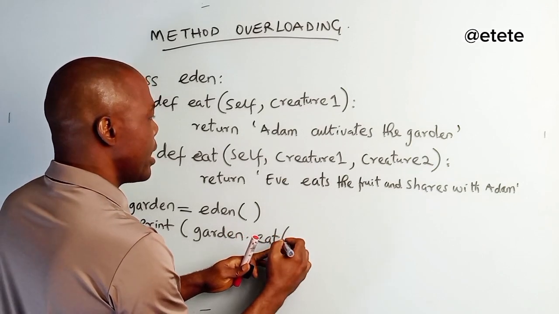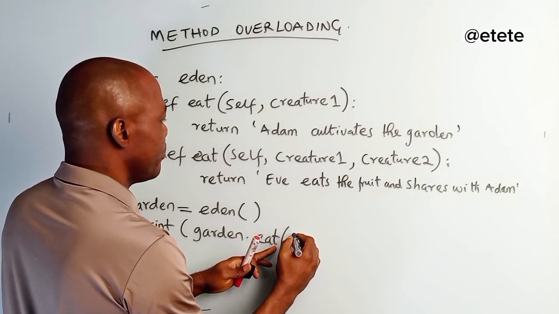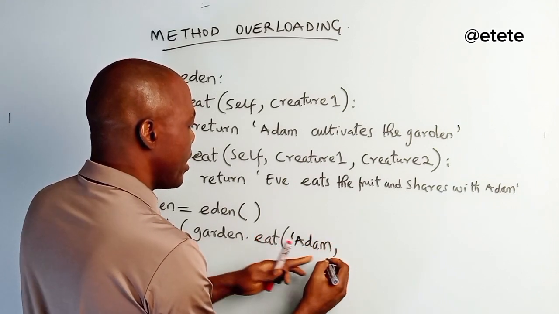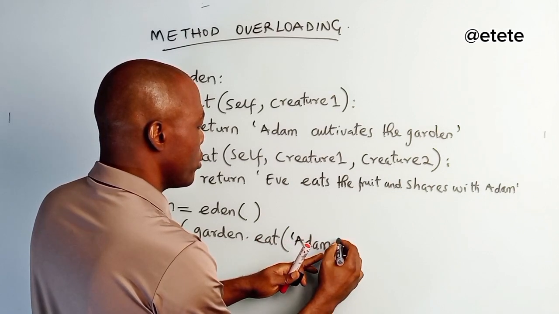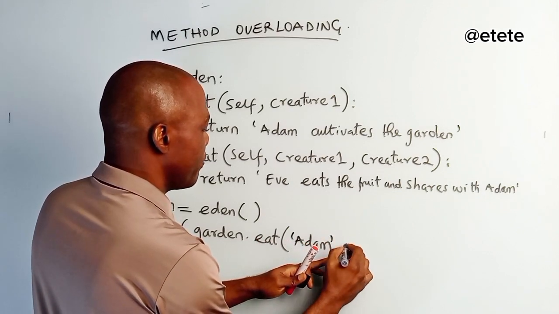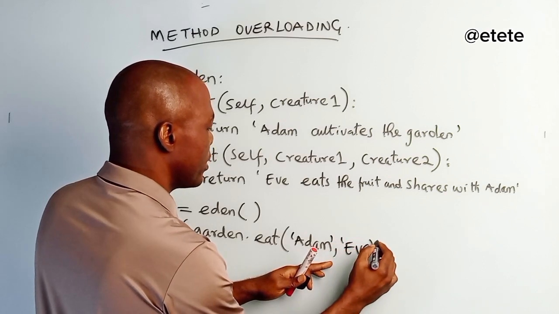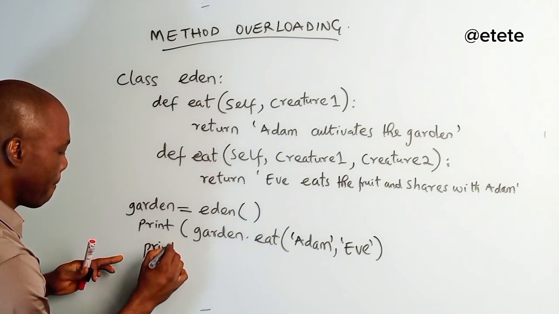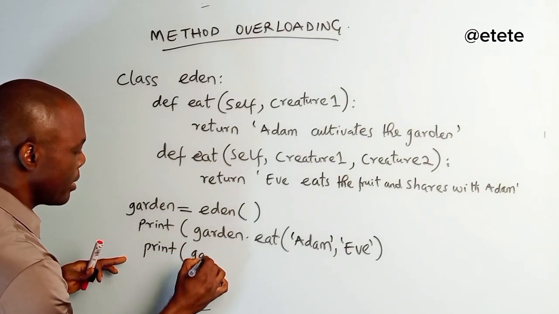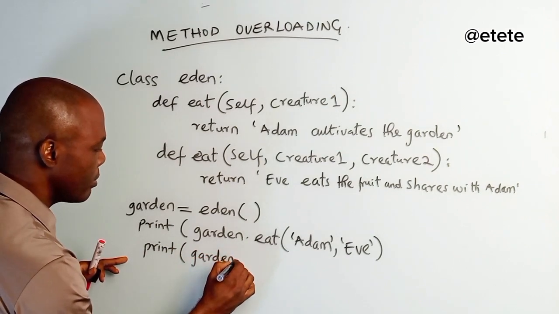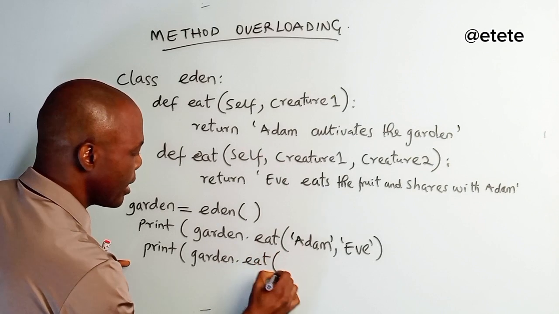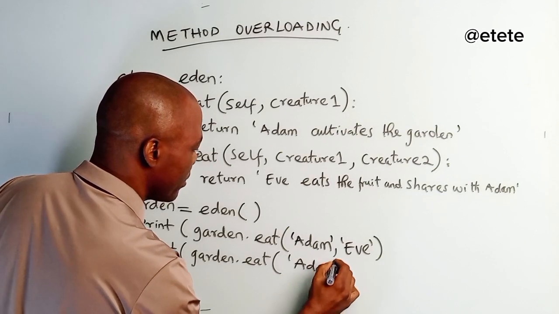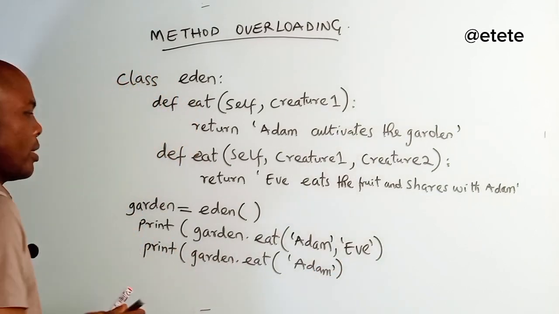So we'll say it, and then we will give Adam, and then we will give if. Let's do this one first, and then we close. And then here again, we will say print garden dot it, and then we'll supply Adam to it.